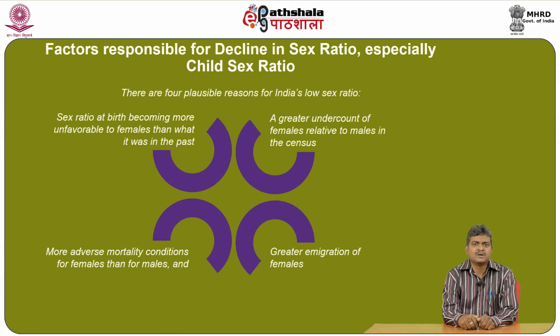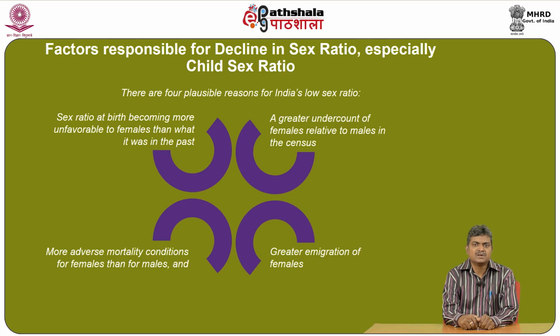Factors responsible for the decline in sex ratio, especially the child sex ratio. There are four possible reasons for India's low sex ratio. First, a greater undercount of females relative to males in the census.